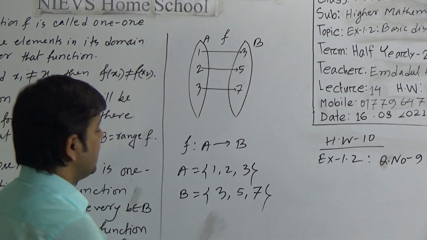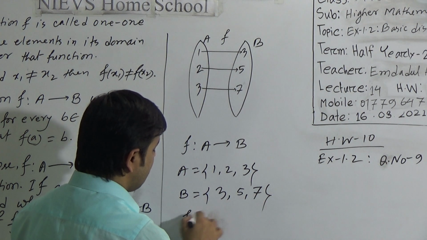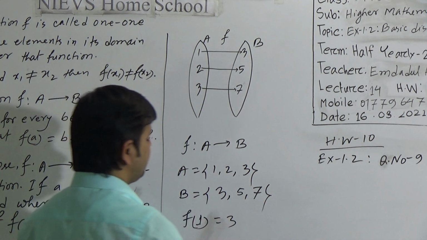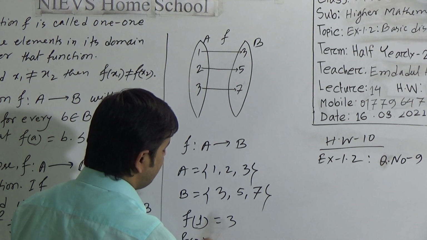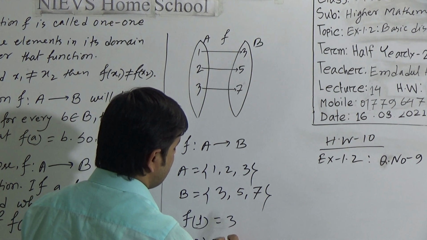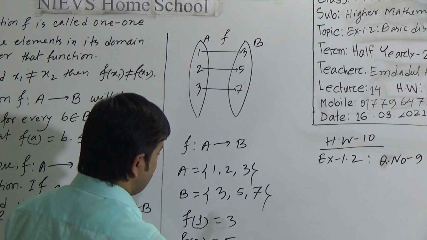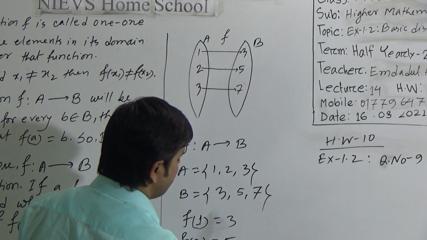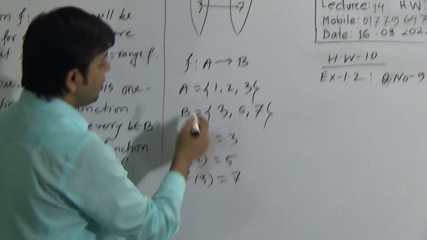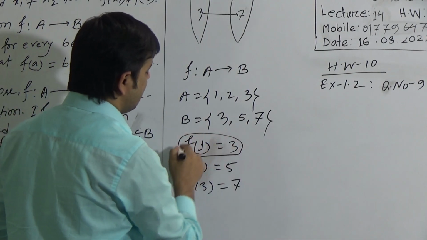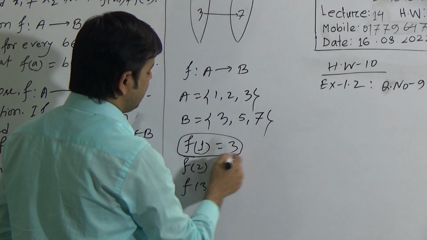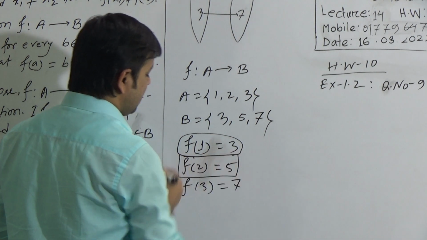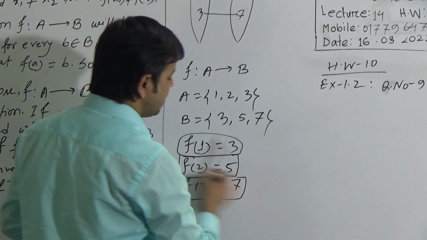Now see here, the image of 1, it means f of 1, is 3, f of 2 is 5, f of 3 is 7. So we can write, image of 1 is 3, image of 1 means f of 1, image of 2 is 5 and image of 3 is 7.